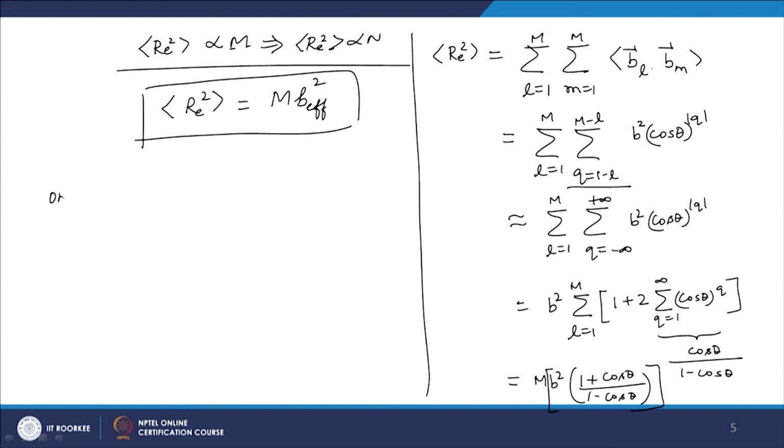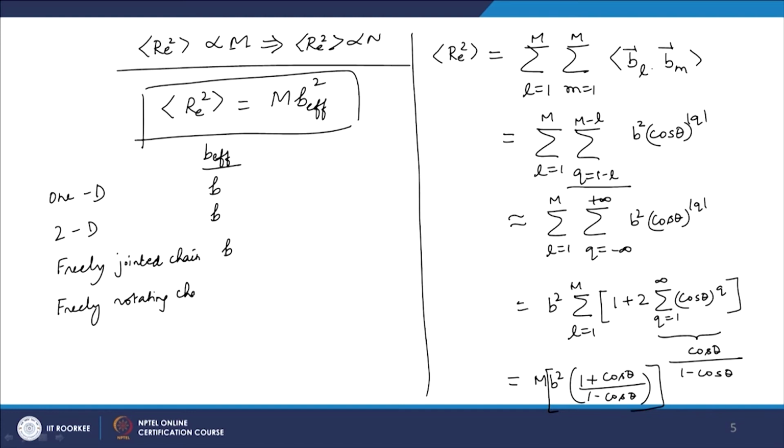So for 1D, my B effective was equal to B. For 2D, this was equal to B. For the case of a freely jointed chain, this was equal to B. For the case of a freely rotating chain, this is something like B multiplied by a square root factor.